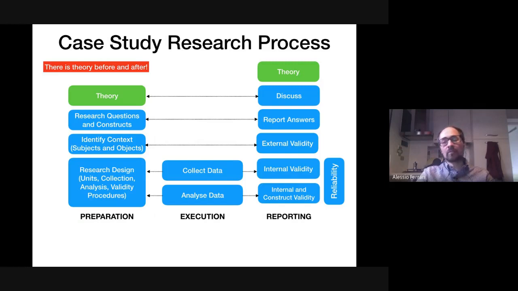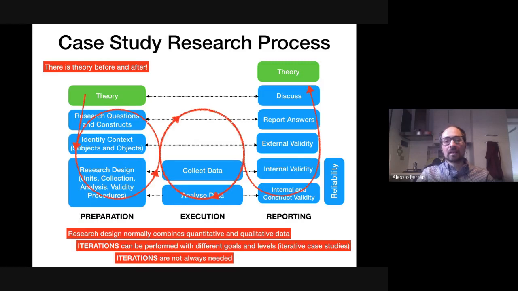The fundamental thing here is that, like in qualitative research, and case study has a strong qualitative aspect, there are iterations, because reality can modify your research questions, can lead you to understand that you didn't collect the data that were actually relevant for your research question, or simply because you want to iterate in order to understand better what is going on.